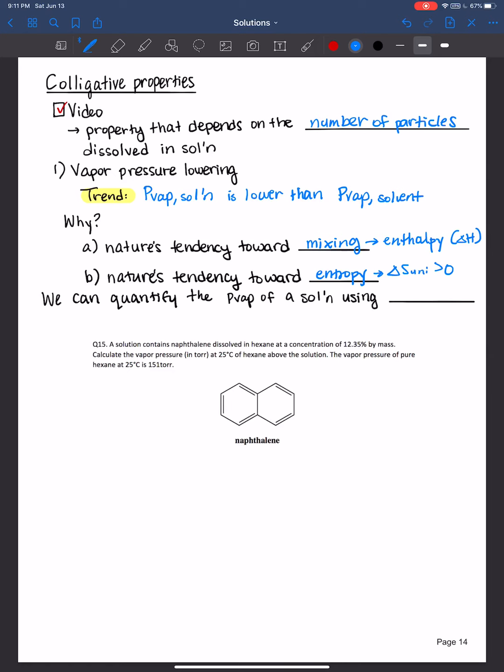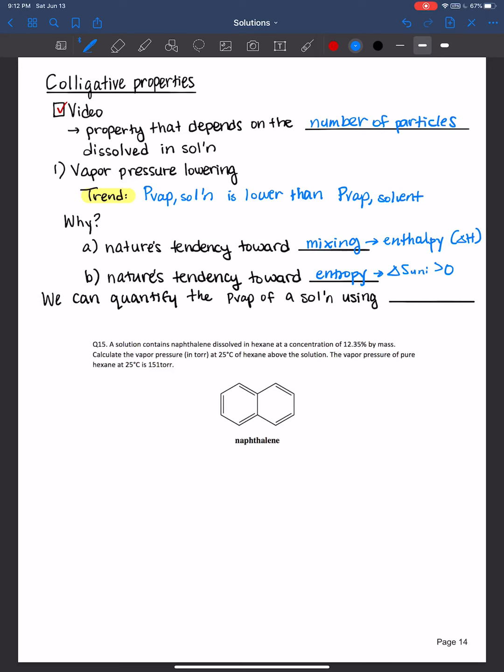And so basically what is happening is when you add these particles, they're mixing. They don't want to go from a liquid to a gas. So that lowers the vapor pressure of the original solvent because they're too busy mixing with one another rather than going into the gas phase and bumping into the sides of a sealed container, right?